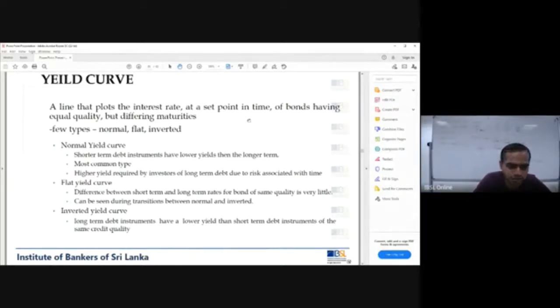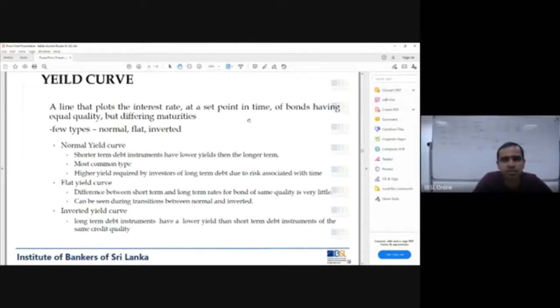Okay, now if you assume that the issuer is the Sri Lankan government, you have treasury bills: the 3 month treasury bill going at around 4.7, 6 months going at about 4.8, and 1 year treasury bills going at about 5.1, right?